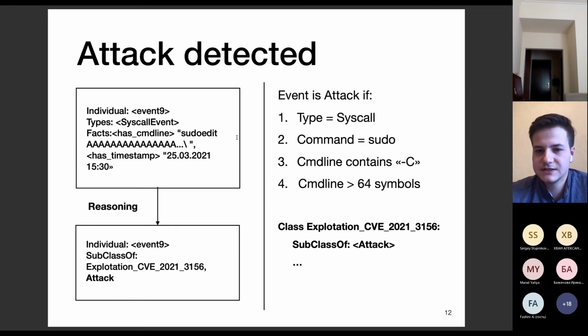We look at every instance to find if it has signs of attack. These signs are included in the definition of the exploitation CVE class, here on the slide. For example, such a definition might contain type, commands, and other signs from external sources.